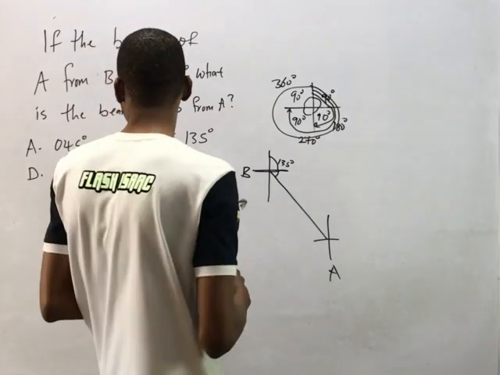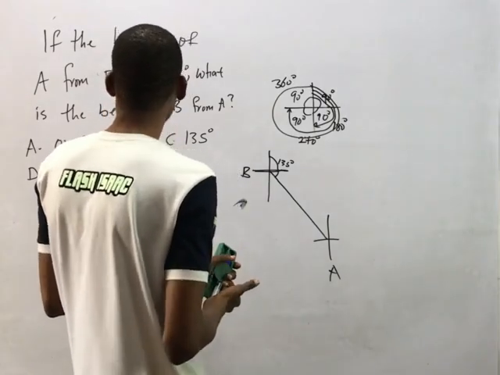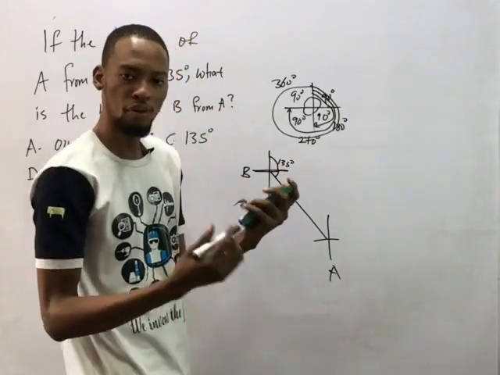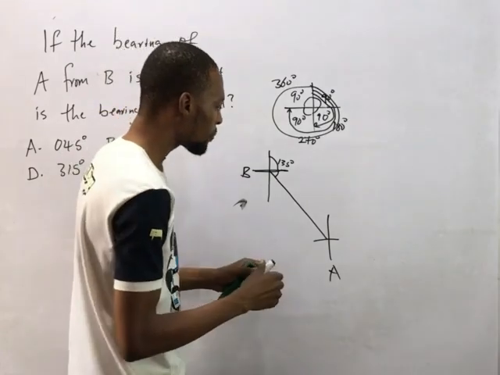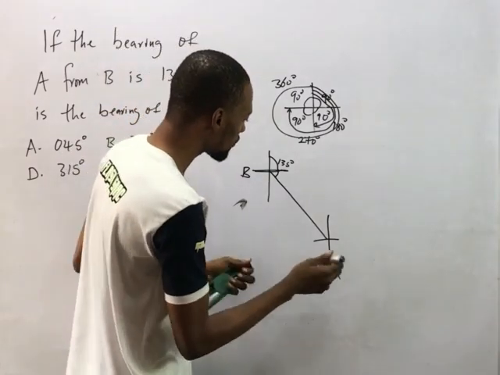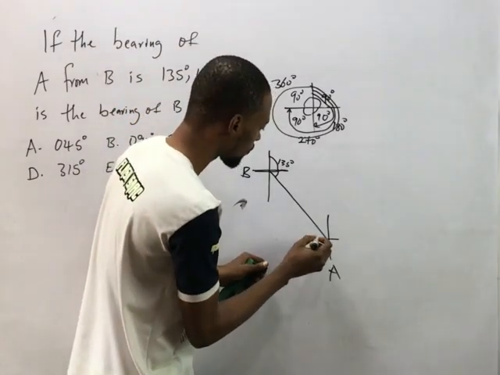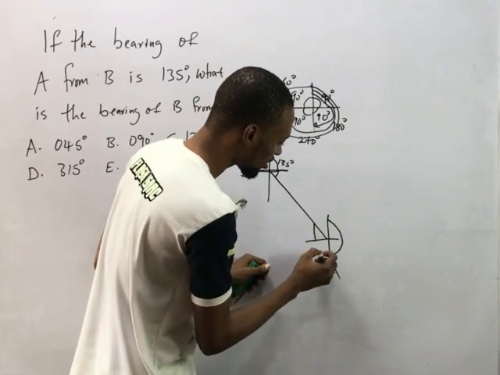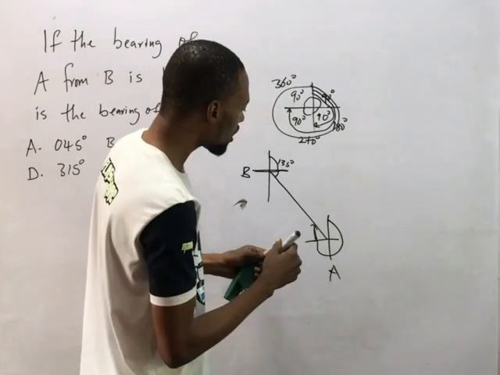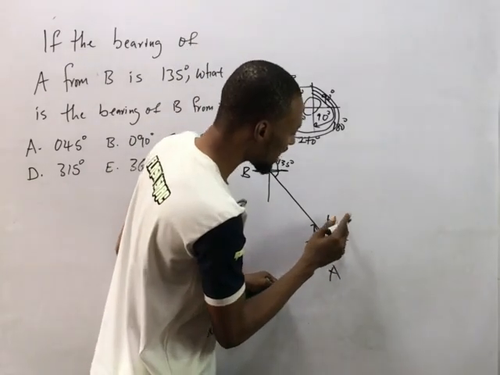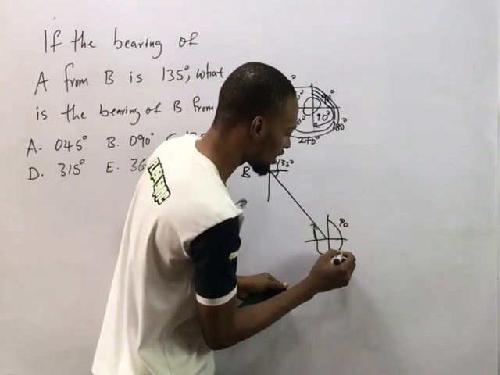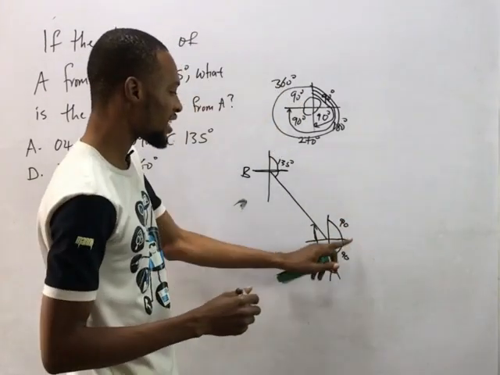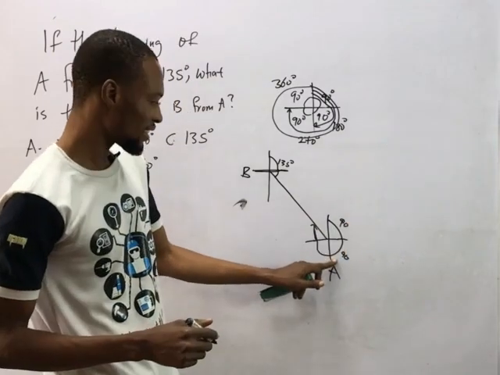Now, look at the question they are asking. What is the bearing of B from A? The bearing we are looking for, we are simply starting from here to here. If here is 90 and here is 90, this implies that from here to here will be 180, right?